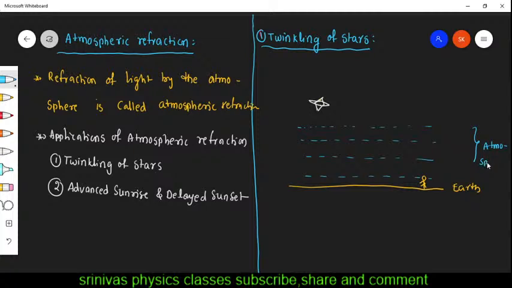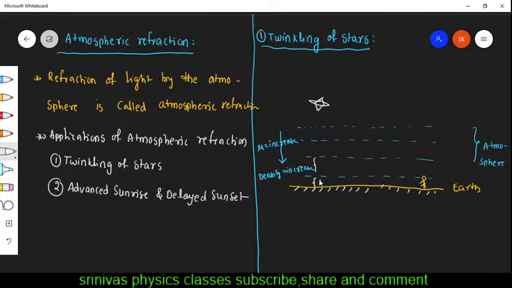I am writing the different layers of atmosphere here. When you go down, the refractive index increases, and the density also increases. That means higher density air is at the bottom. This layer has more density compared to this layer.